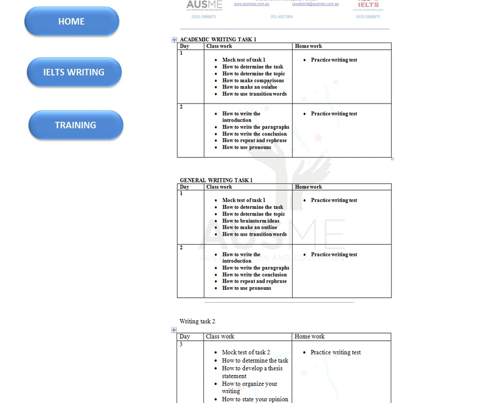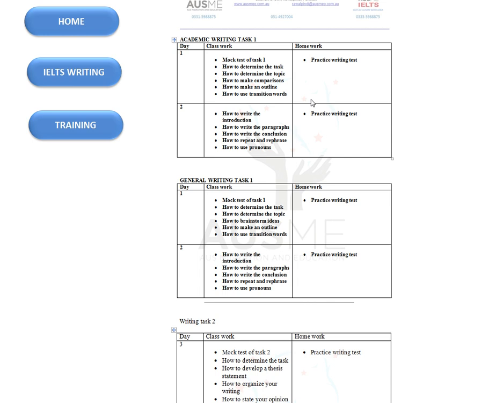Then we're looking at how to determine the topic. So we try to see what topic is given for that specific graphic. Then how to make comparisons. As I would have mentioned before, in writing task 1, they always tell you to make comparisons where relevant.